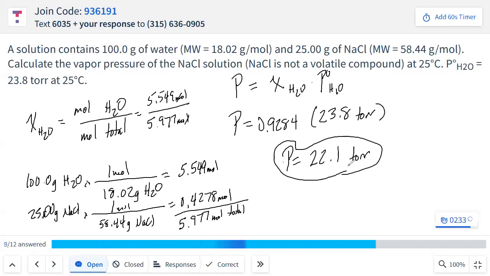And again, in context, this all makes sense. We know that vapor pressure is going to be lowered by the presence of a solute, so this is lower than what it was. But we also know that it's relative to the concentration. 25 grams of sodium chloride seems like a lot, but it's not even 8% of the moles of the solution.